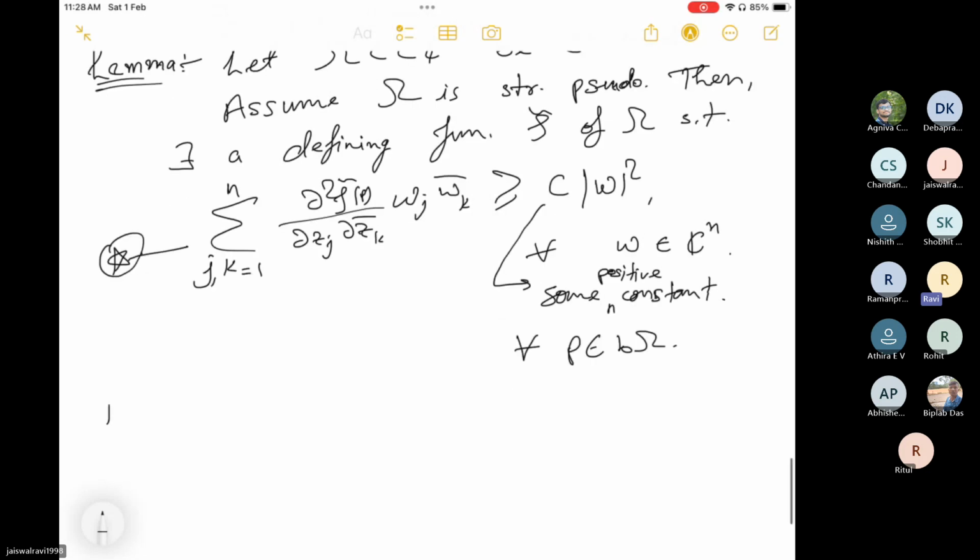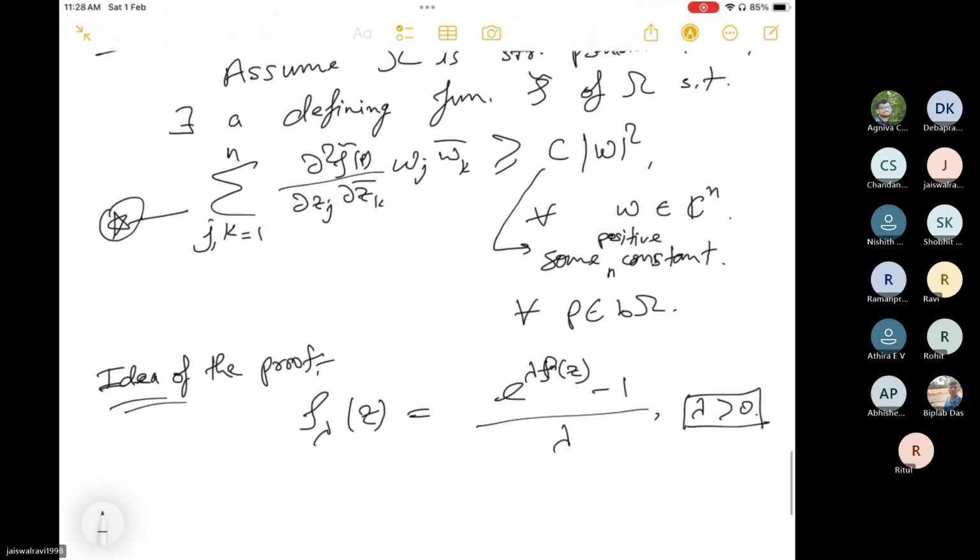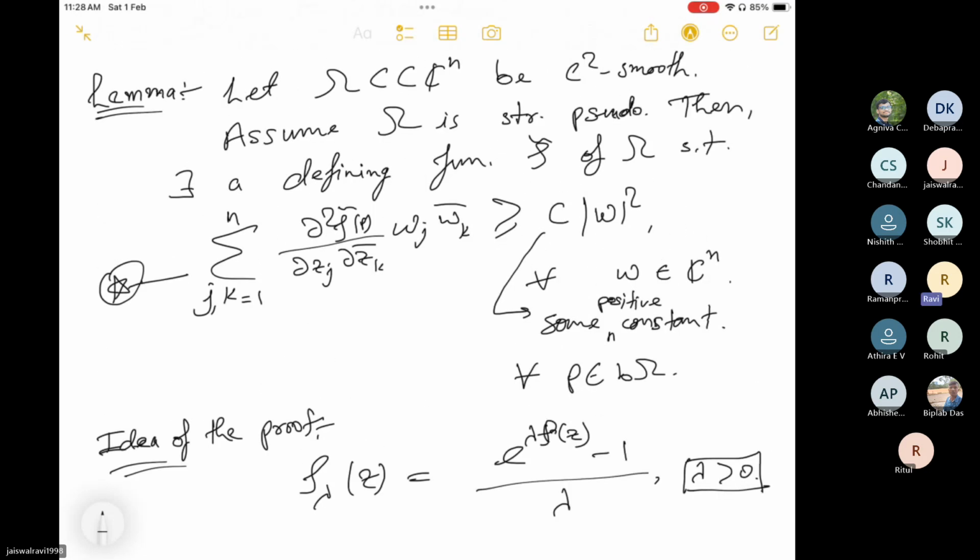The idea of the proof is to choose the function rho lambda of z equal to e power lambda rho of z minus 1 by lambda, where lambda is positive. We have to choose lambda large enough so that this property star will be true.